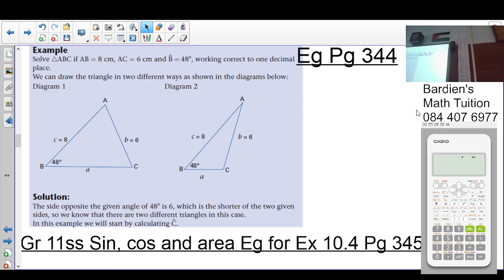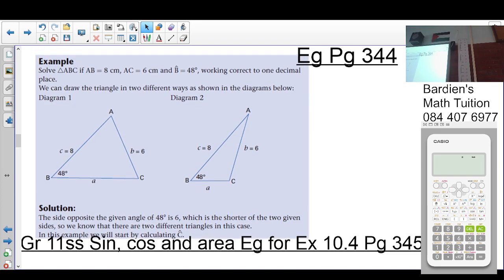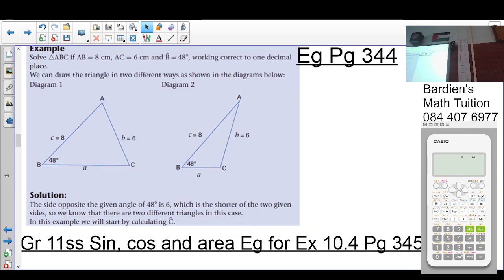AB is equal to 8 centimeters, which is lowercase c, AC is equal to 6 centimeters, and B is 48 degrees. Working correct to one decimal place, we can draw the triangle in two different ways as shown in the diagram below. Can you see that? C can be obtuse, as in diagram 2, or C can be acute.